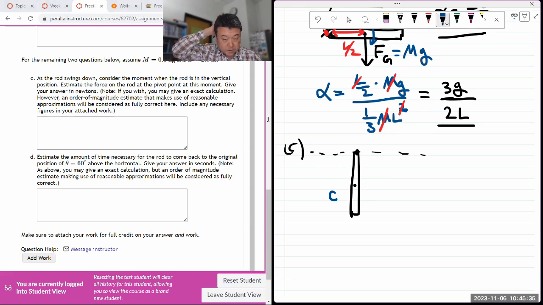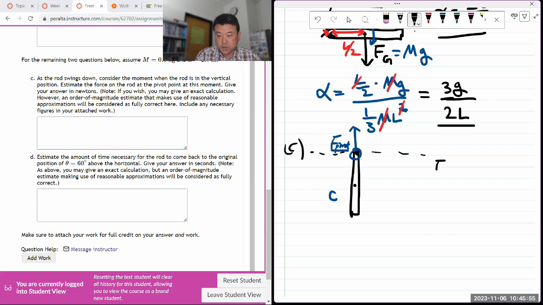Oh, I see. So I can think through two things. Because it's asking you for the pivot force, here you have no way of avoiding the standard strategy and actually figuring out what the pivot force will be.